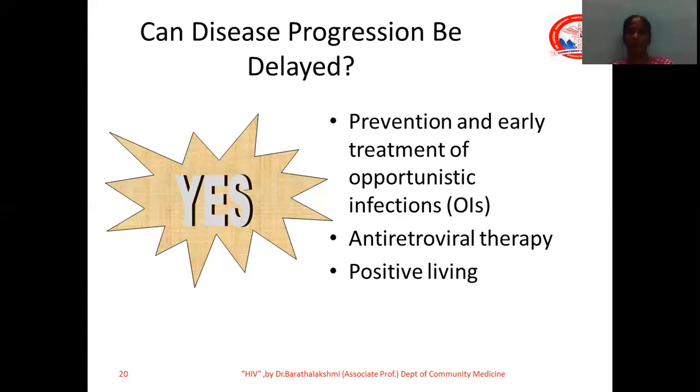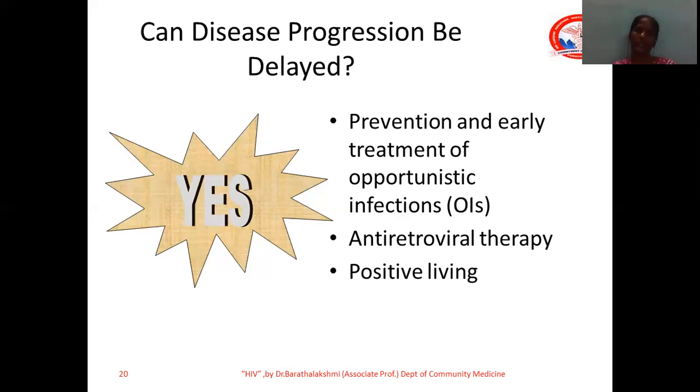We have a good number of drugs, more than 20, and we can put them into combinations of 3 or 4 drugs together, and each combination can sustain a person in a healthy way for 3 to 4 years, for a maximum of 5 years. So 5 such combinations can extend life for 25 years with good CD4 counts. That is one of the important boons against HIV infection, antiretroviral therapy.